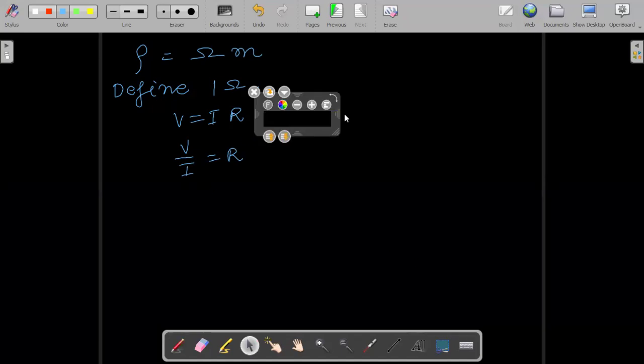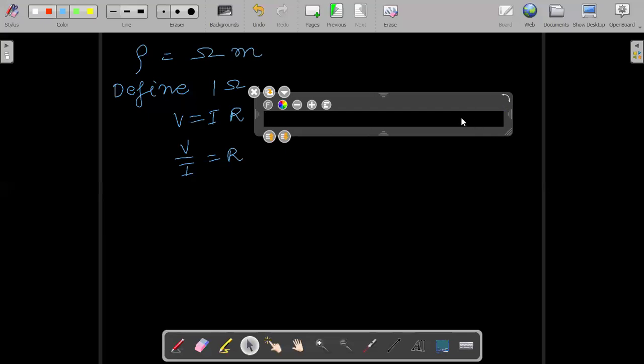So the resistance of a wire will be said to be 1 ohm if 1 ampere current flows through a wire maintained by a potential difference of 1 volt.